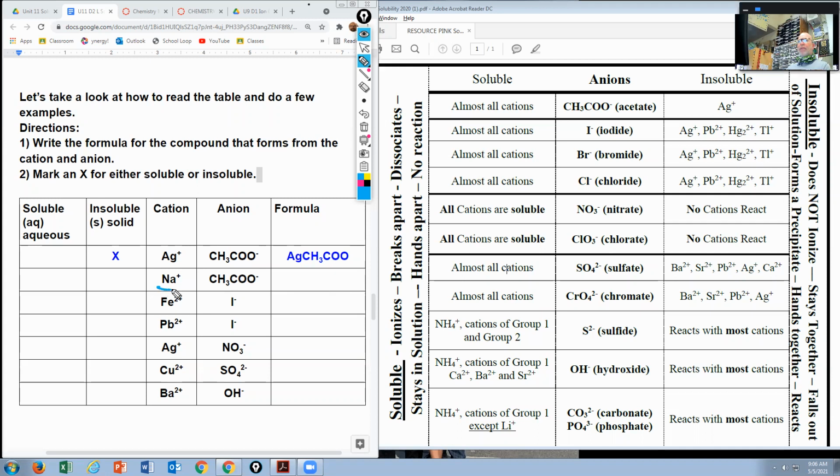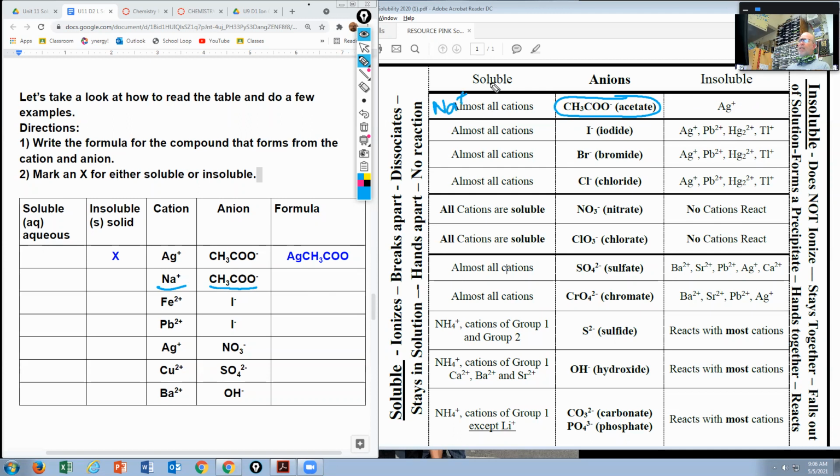First one we have is sodium and acetate. So here's acetate up here. There's our acetate. And we want to put it with sodium plus. Is Na plus in this box right here? Is Na plus in that box, ladies and gentlemen? No? Well, then Na plus must be in this box.